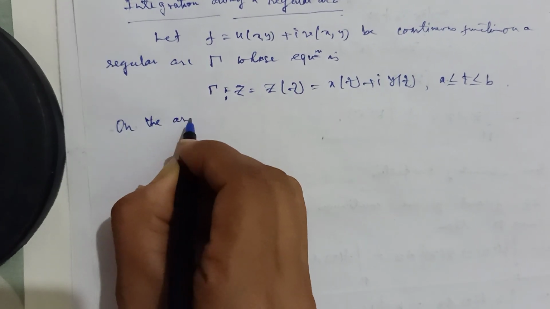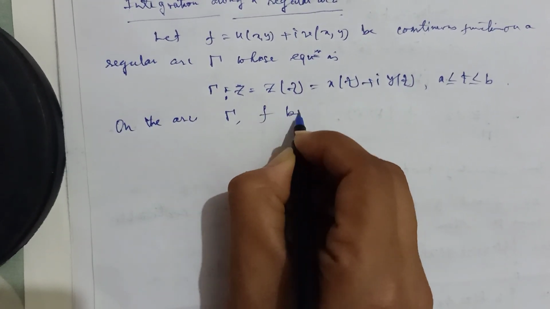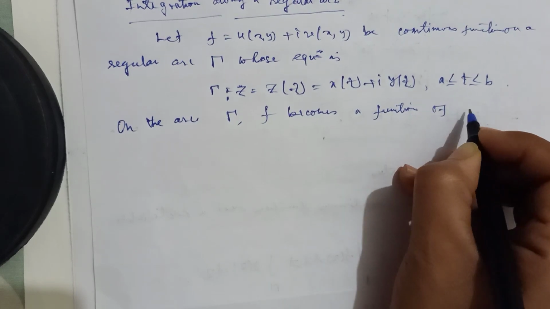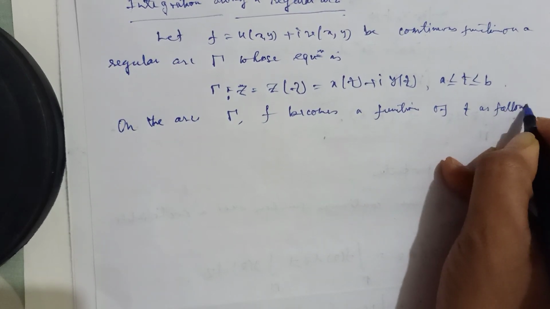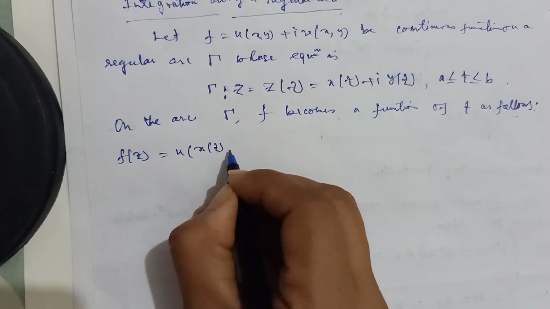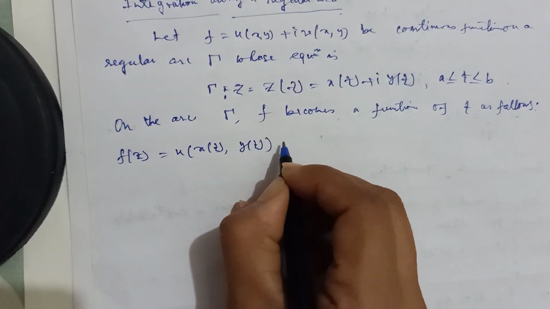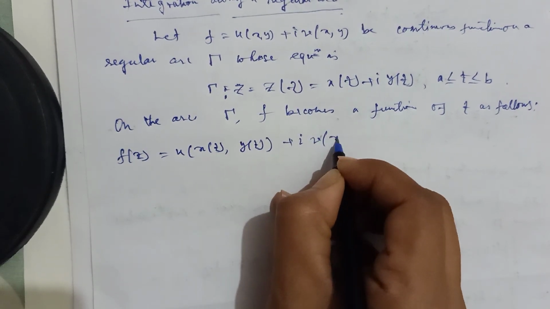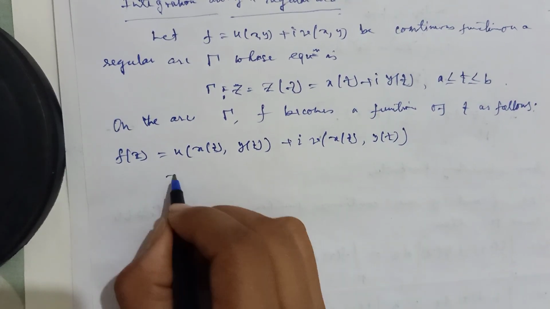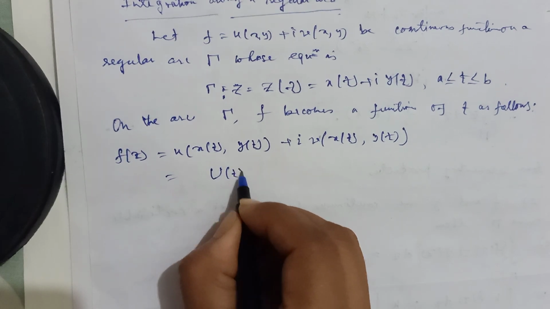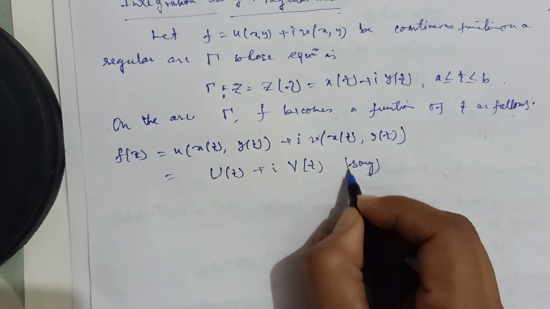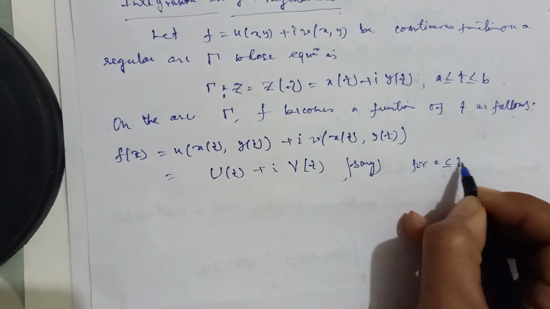On the arc gamma, f becomes a function of t as follows: f(z) equals u(x(t), y(t)) plus i v(x(t), y(t)), that is equals u(t) plus i V(t), for a less than or equal to t less than or equal to b.